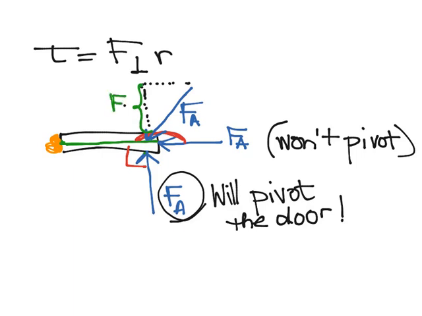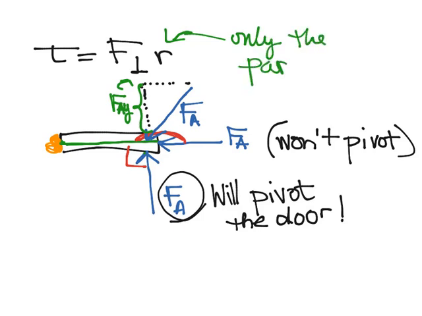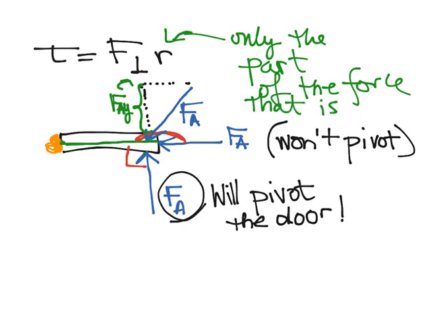So here, FAX or FAY would be what I put into F perpendicular. It's only the part of the force that is perpendicular, and I'm just going to abbreviate that.